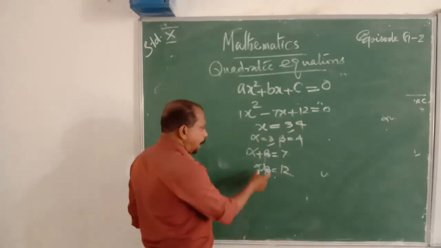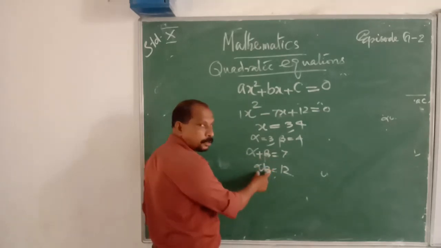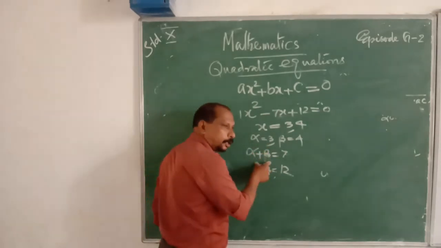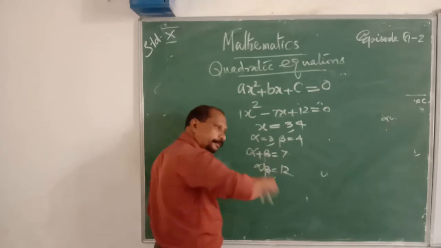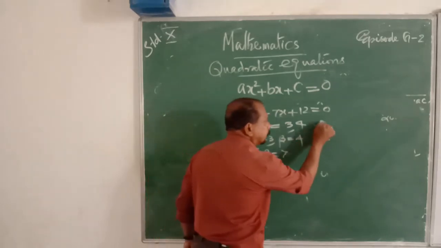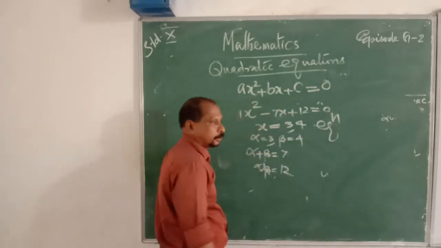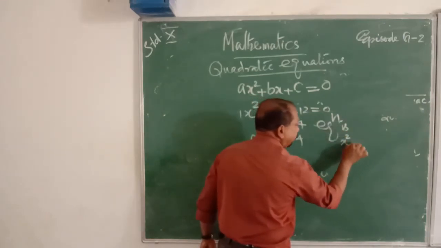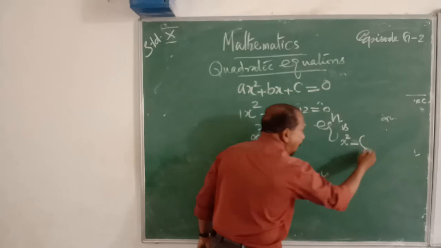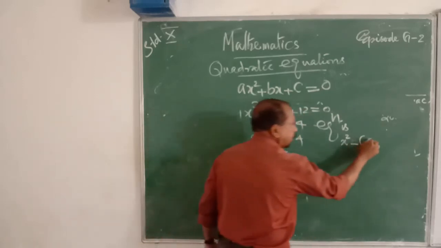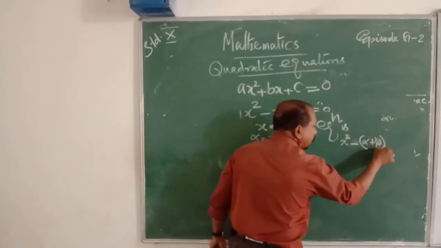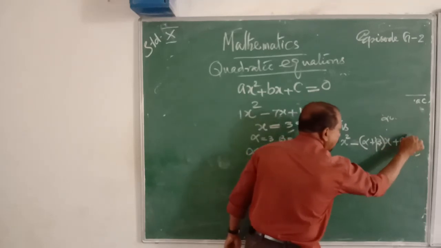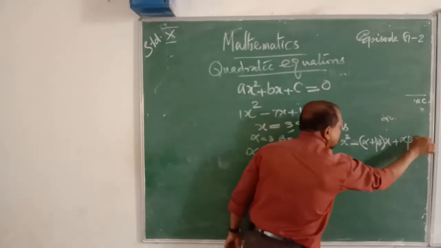Therefore, the sum and the product of the quadratic equation roots are given. The short form of the equation is x square minus (alpha plus beta) into x plus alpha beta is equal to 0.